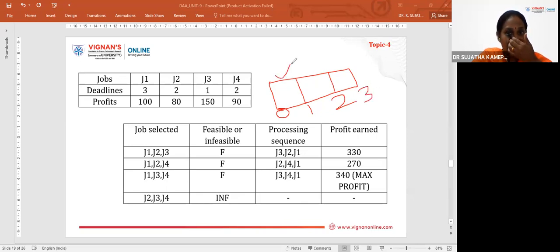This is the first slot, which represents 1 unit of time. This is the second slot, which represents another 1 unit of time. And this is the third slot, which represents another 1 unit of time. Now, first you need to select the job for which we are getting the maximum profit. This is the job for which we are getting the maximum profit, 150. That's why we need to select the job which has the maximum profit.